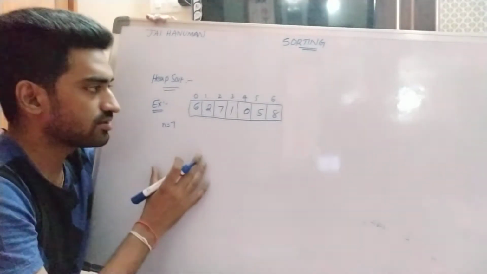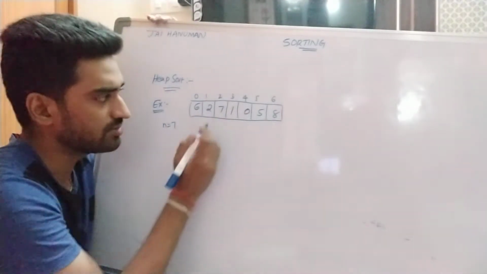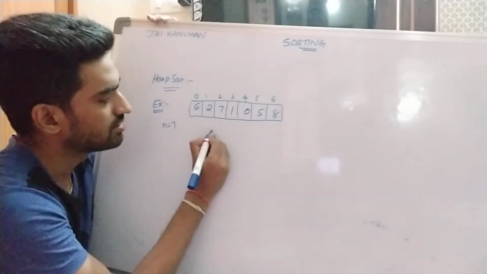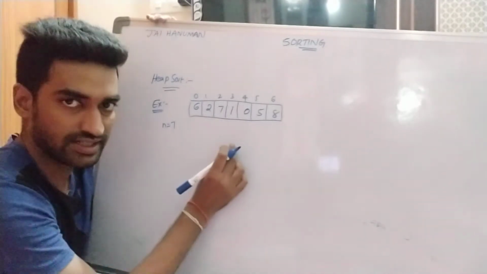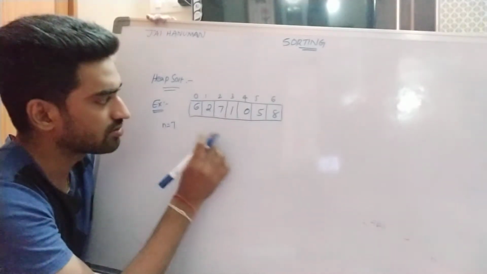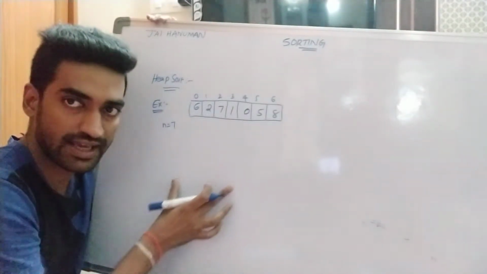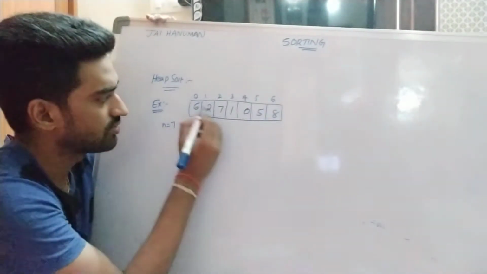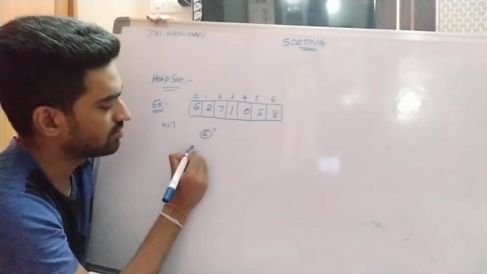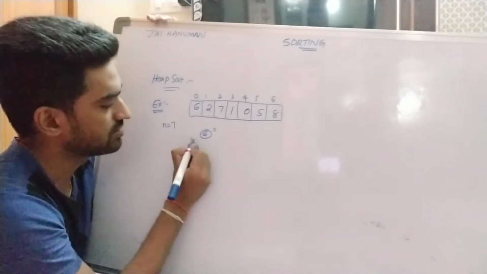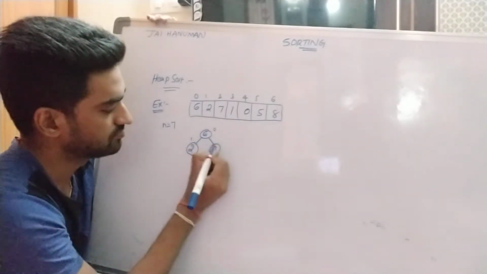So first of all, we are constructing a complete binary tree for this array, right? So what is the complete binary tree? It should be arranged in the form of root, left, right, and all the levels completely filled except the last level, right? So here 6, then left, these are the indexes, 7, right.